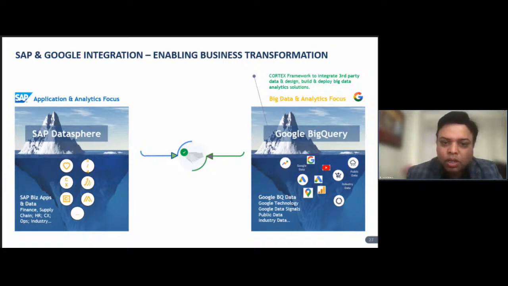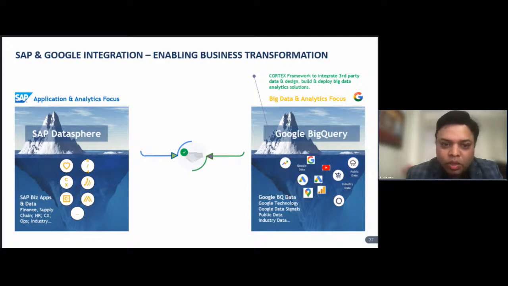SAP and Google Cloud have jointly launched a bi-directional connector, shown in between these two blocks. This is a fully approved, compliant connector, which allows you to have federation across these two data estates.